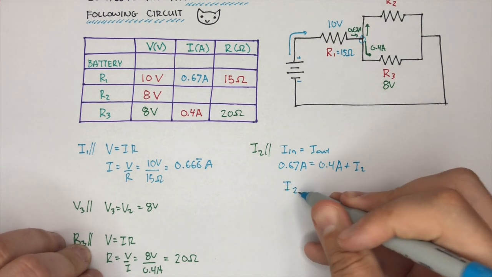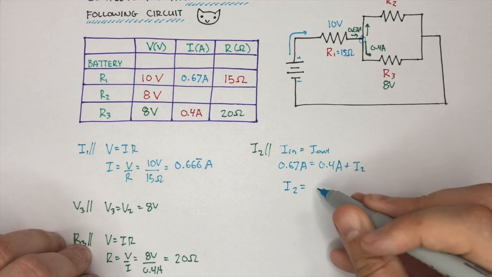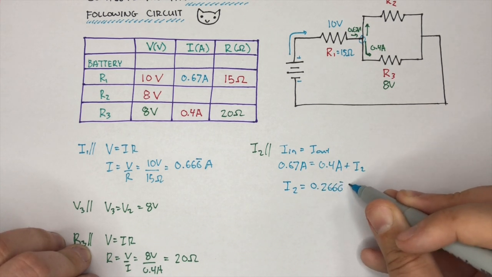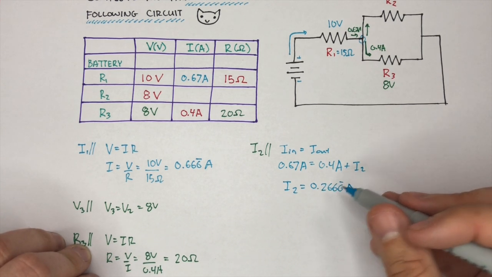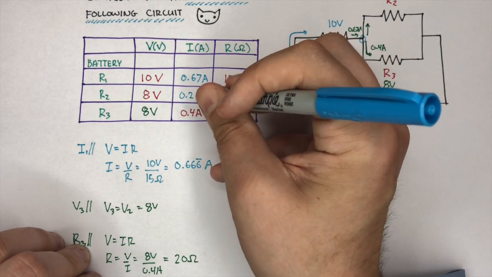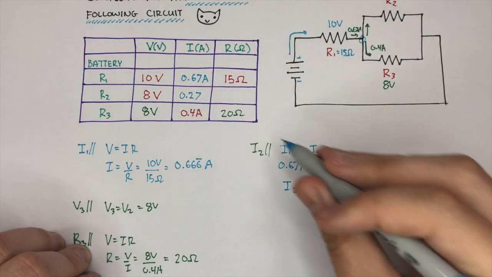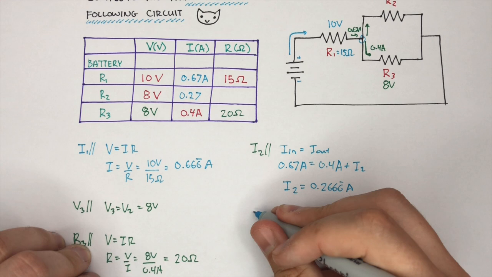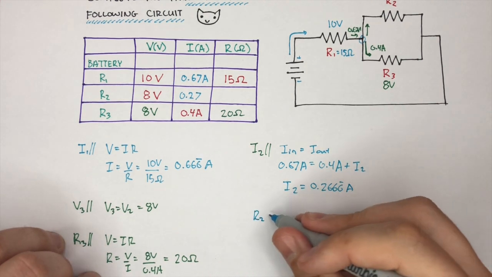So if I solve for I2, I'll find that I2 is going to be 0.2666 repeating amps. I'm going to round that to 0.267 or 0.27. And hey, I have 3 pieces of information. Maybe I can apply Ohm's law. So let's find the resistance across number 2.